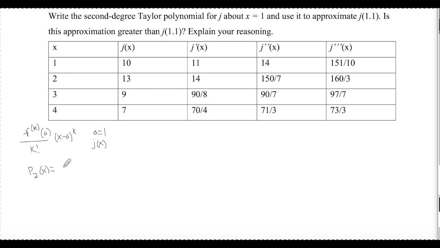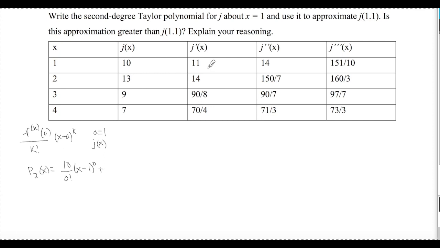We need to find f of 0, the 0th derivative at a. So we need j of 1, right there, 10. So it'll be 10 over 0 factorial times x minus 1 to the 0, plus, then we'd move over, we want the first derivative at 1.